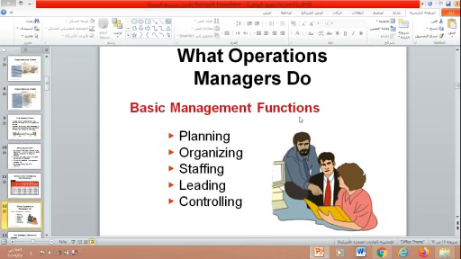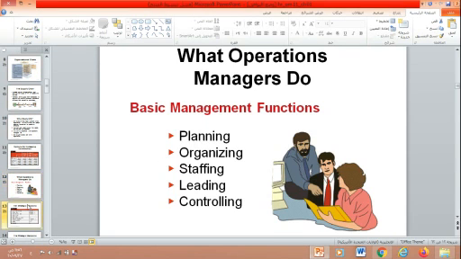Okay, this slide is talking about what operations managers do. Of course, operations managers, like any manager, apply the management process to the decisions they make in the operations management function, which is planning, organizing, staffing, leading, and controlling the activity of the organization.